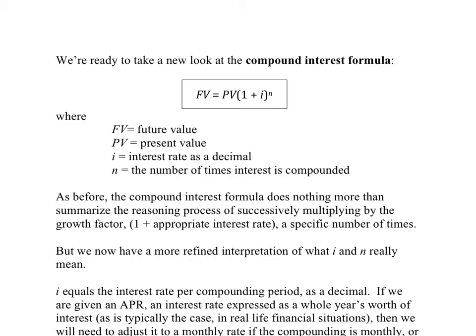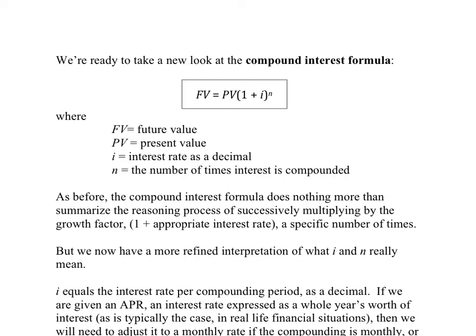As before, this formula does nothing more than summarize our reasoning process of starting out with some amount of money, PV, multiplying by a growth factor every so often, whether that's every year or every month or every week, and however many times we applied that small growth factor, that's the power that we're raising 1 plus I to.